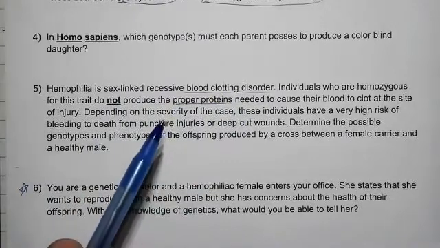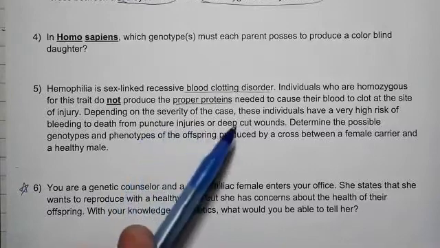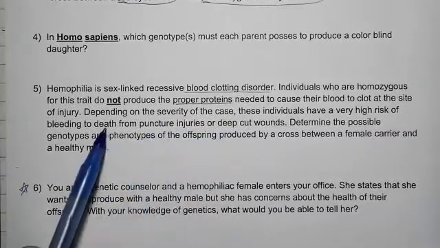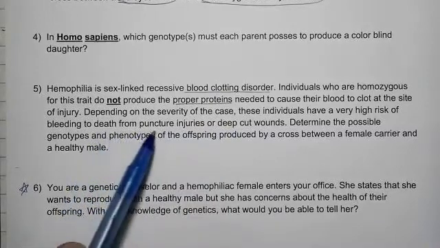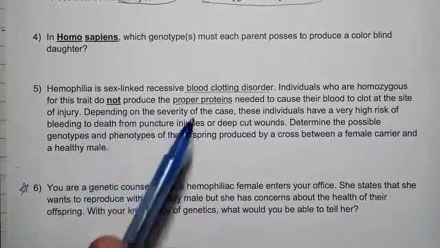So things that a typical person would take for granted, like a deep cut or wound. You might say, oh, it's a deep cut. Yeah, it's bleeding, but it'll stop after a while. Theirs won't stop, and they could actually bleed to death if it's serious enough. So that's what hemophilia is. All right.